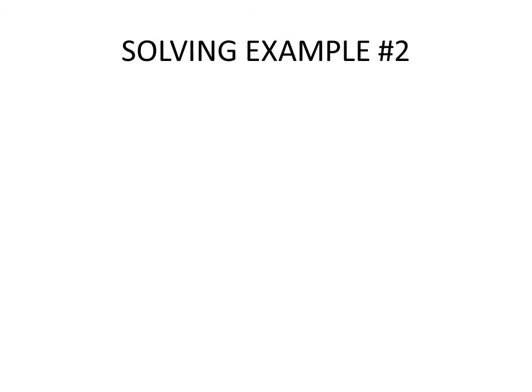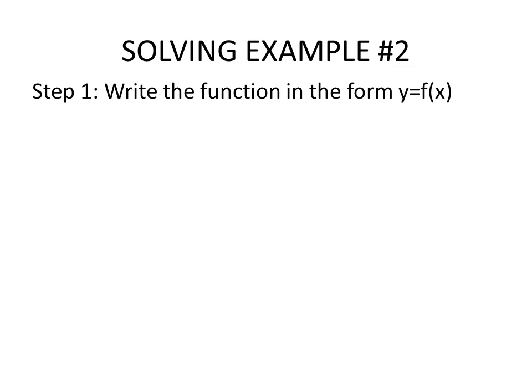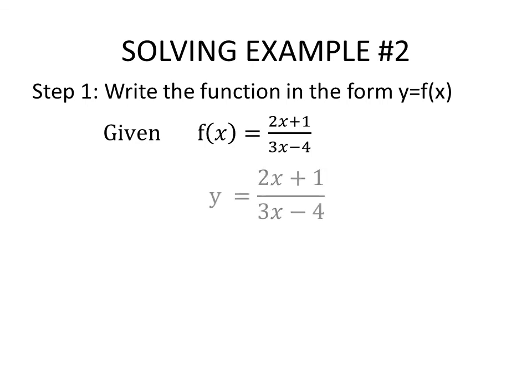Let's solve example number 2. Again, we'll go back to step number 1. Write the function in the form y is equals to function of x. The given function of x is equals to 2x plus 1 over 3x minus 4. Rewriting that would give you y is equals to 2x plus 1 over 3x minus 4.